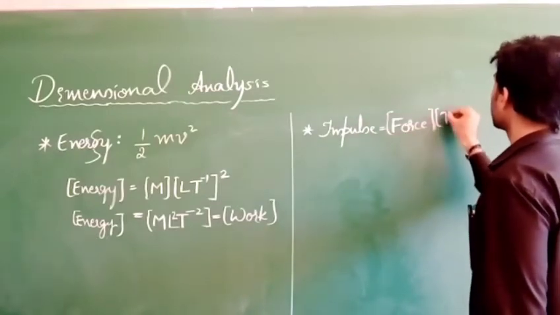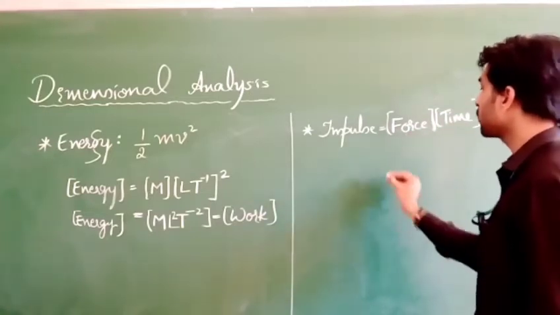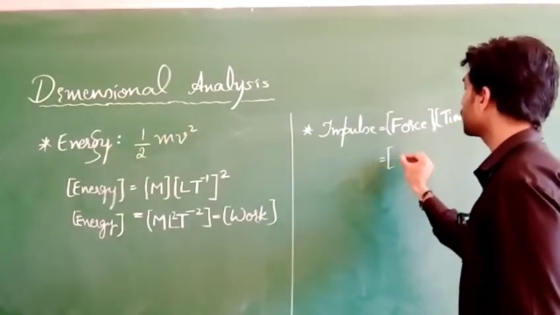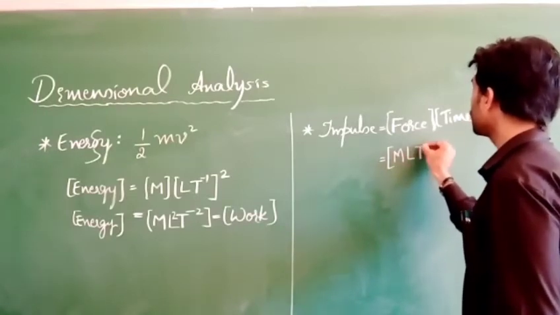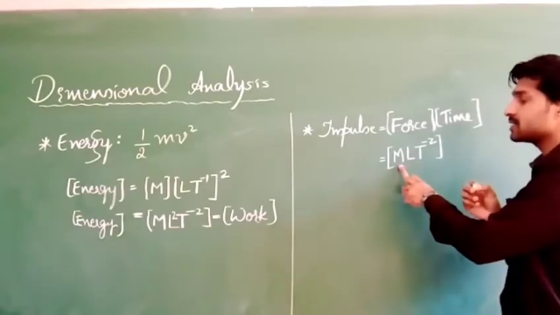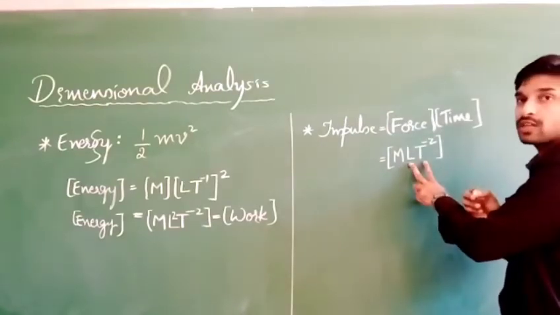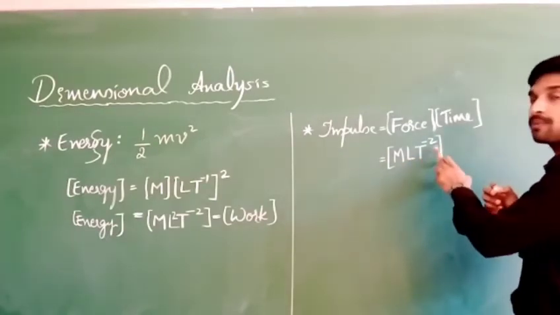So impulse is given by force into time. So we want the dimensional formula for force. The dimensional formula for force is, already we calculated, M L T to the power of minus 2. Correct? Mass into acceleration. Mass is M, acceleration is velocity by time. Velocity is L T power minus 1, divided by time is T power minus 2.